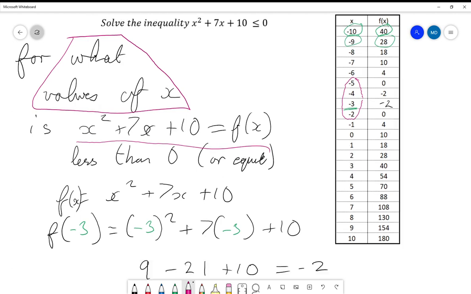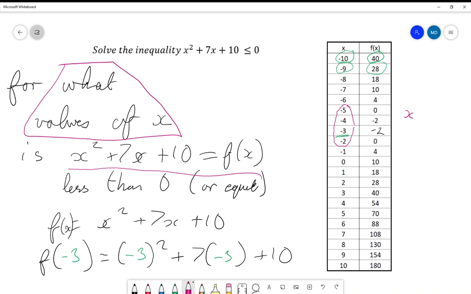So we might just be able to say x equals negative 5, negative 4, negative 3, and negative 2. And although that is some of the solutions, it isn't all of the solutions. We need to go a little bit further, and we need to work out other possible solutions to this question.